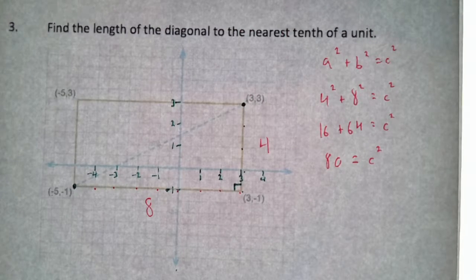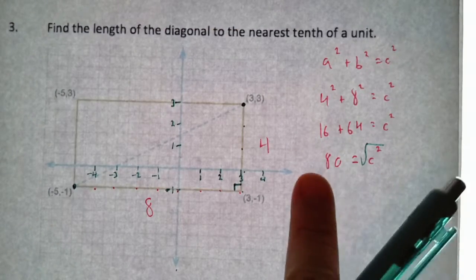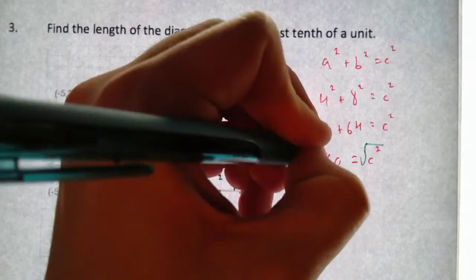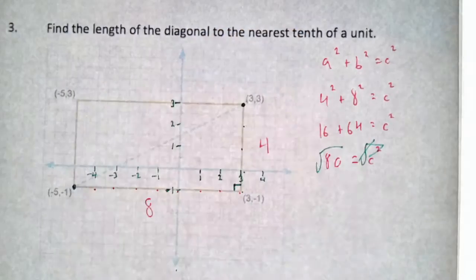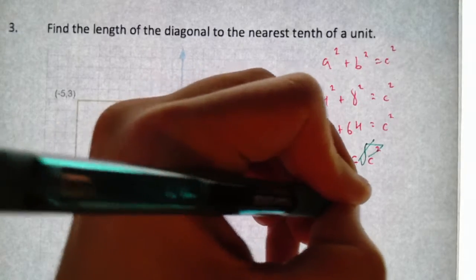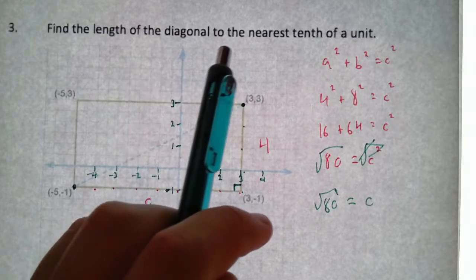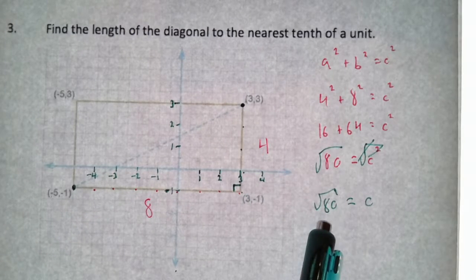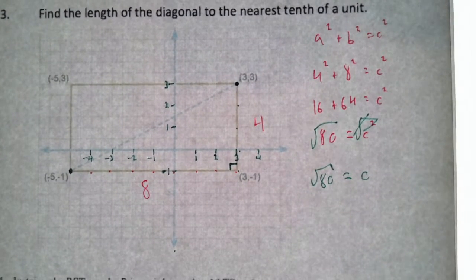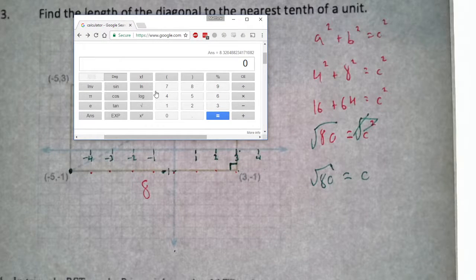To get rid of this exponent here, I can do square root. If I do square root on the right side, I should do square root on the left side. This square root cancels with that square, and I'm left with root 80 is equal to c. They wanted to find to the nearest tenth of a unit, so let's convert it from the square root form by using the calculator.